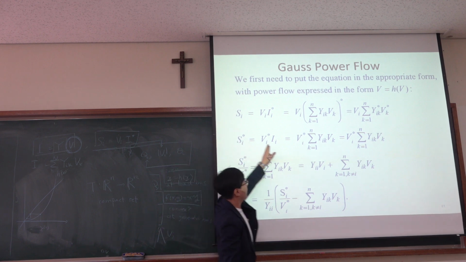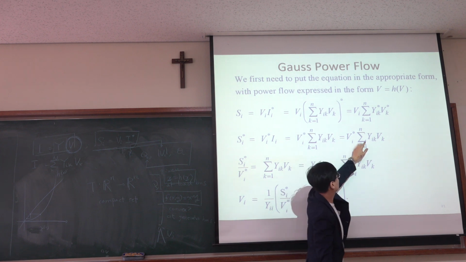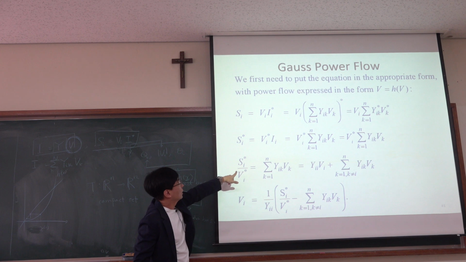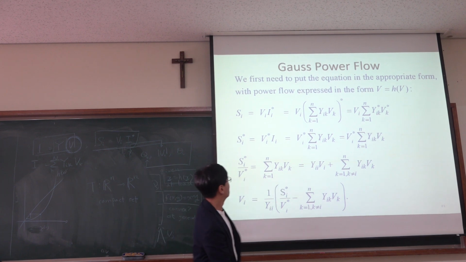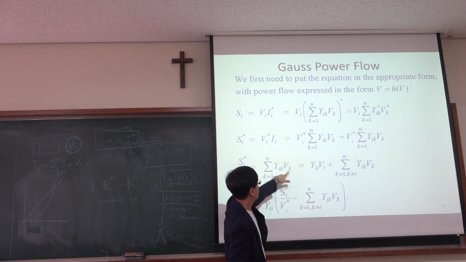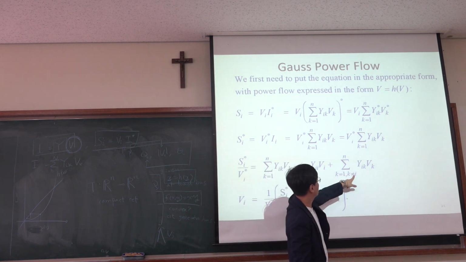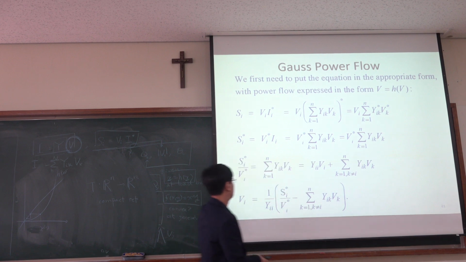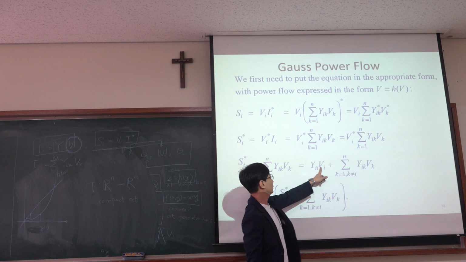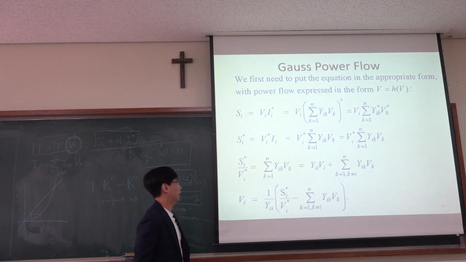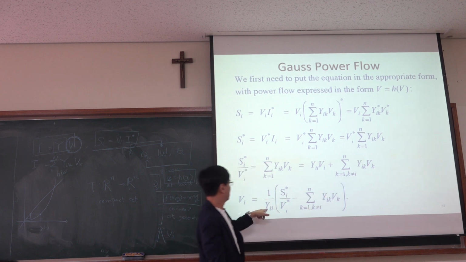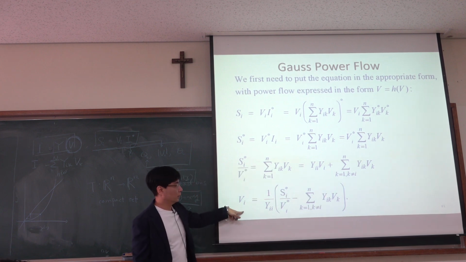Take the conjugate of that, and you get this one. Then divide both sides by V_i conjugate, and you have that. When k equals i, you get Y_ii V_i, and when k is not equal to i, you have that part. We have V_i here, so divide both sides by Y_ii. This minus that part, divided by Y_ii, gives you that one.